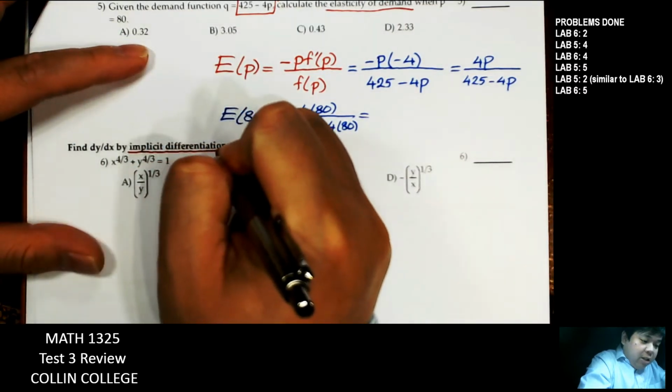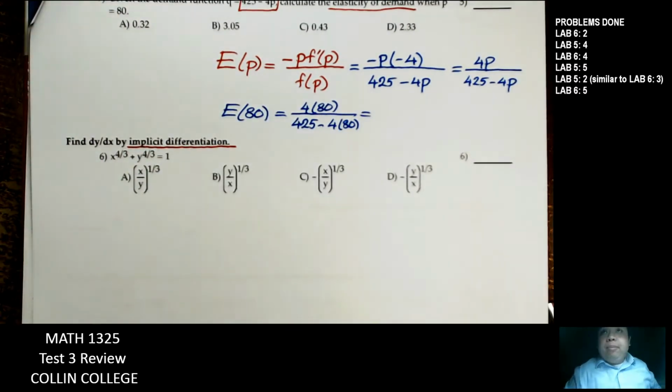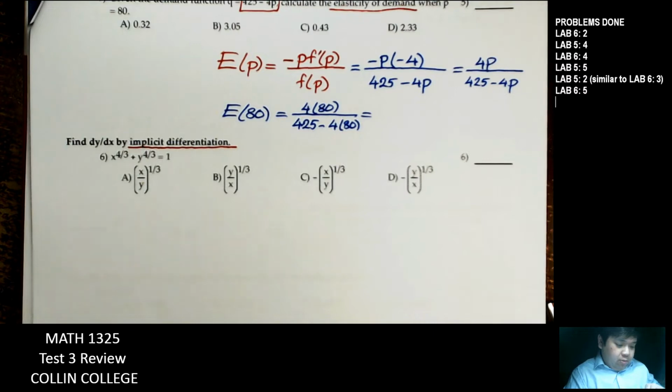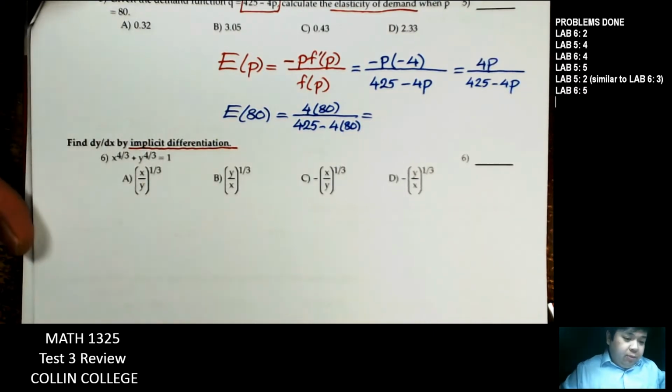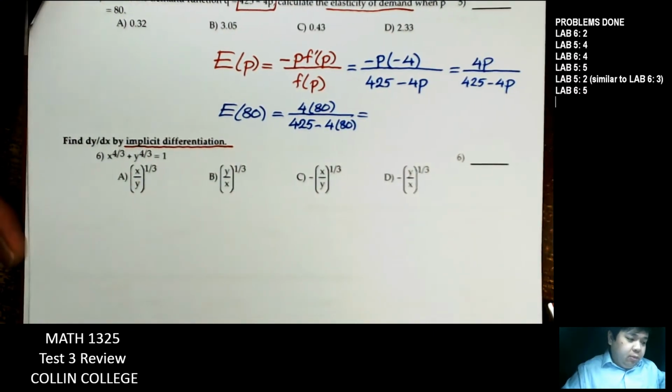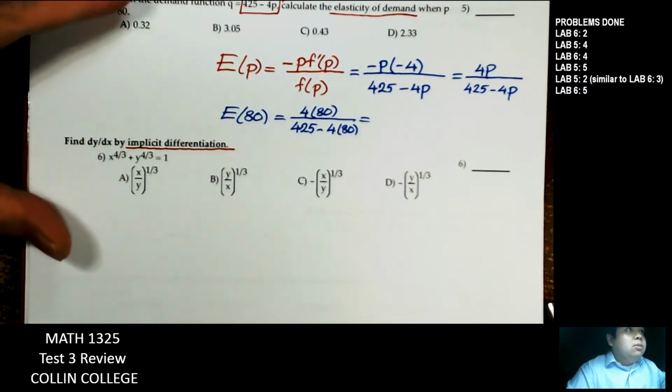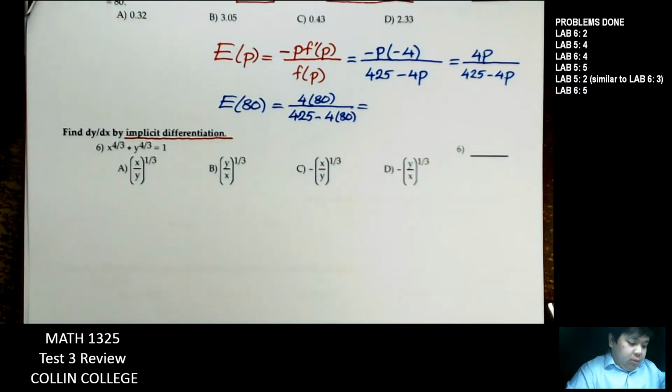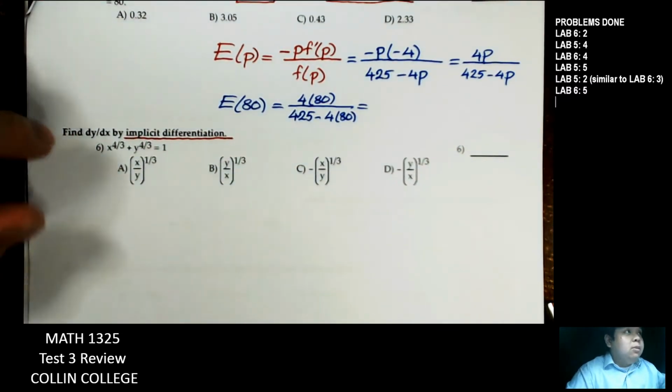Next, we go to either 6 or 7 and then 8. Those are implicit differentiation.